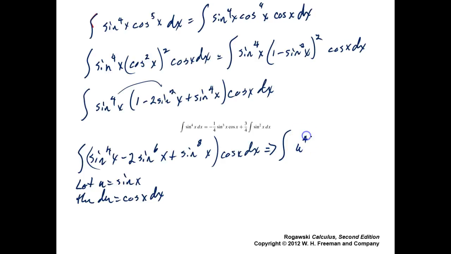U to the fourth, minus 2 u to the sixth, plus u to the eighth, du. And I think that even I might be able to do that one. What would that become? U to the fifth over 5.